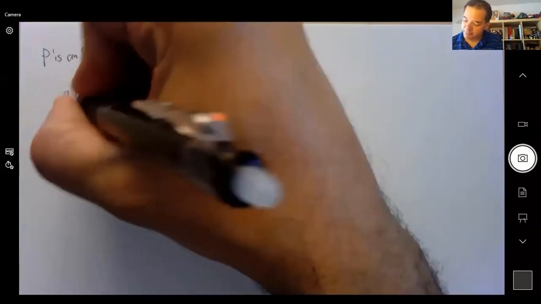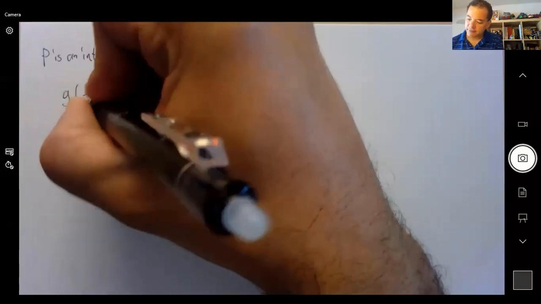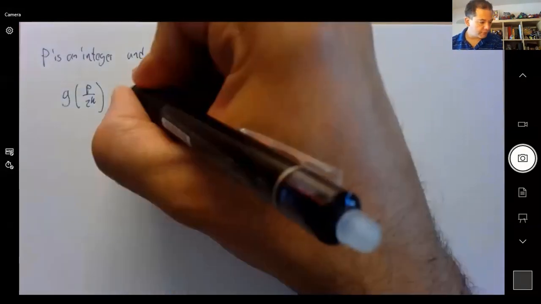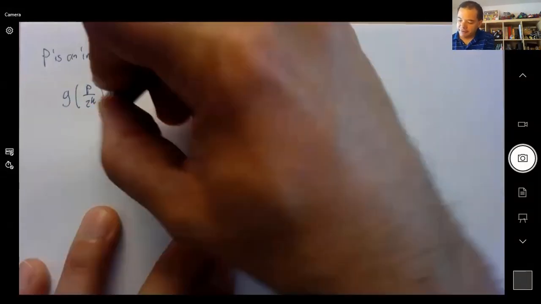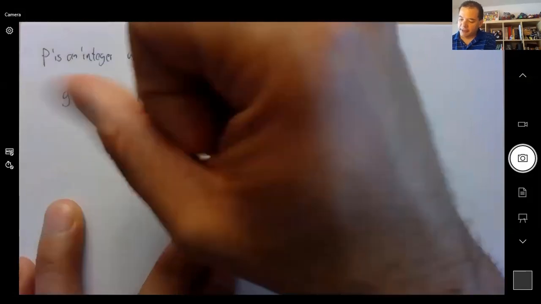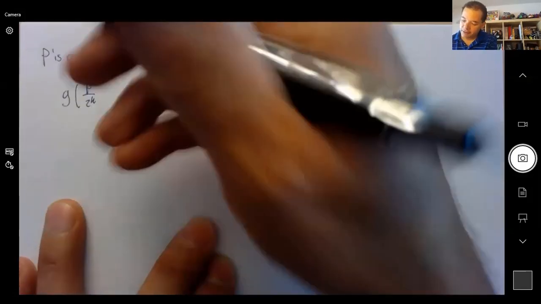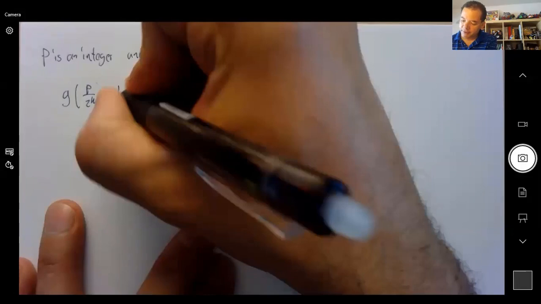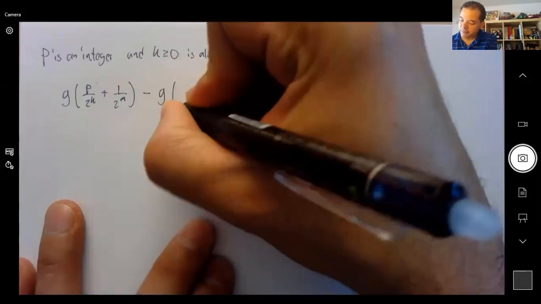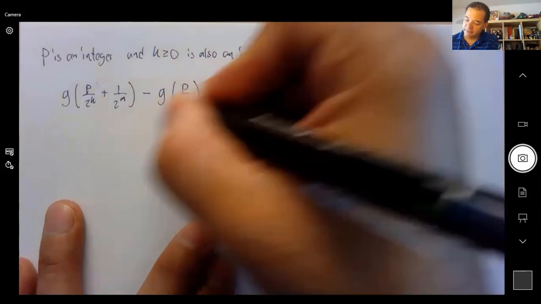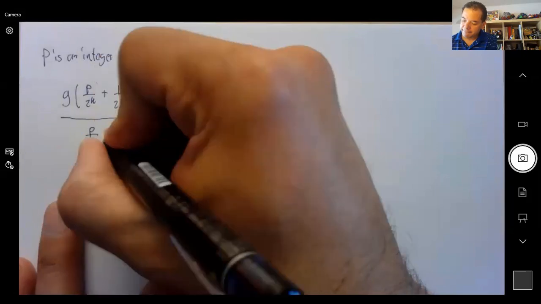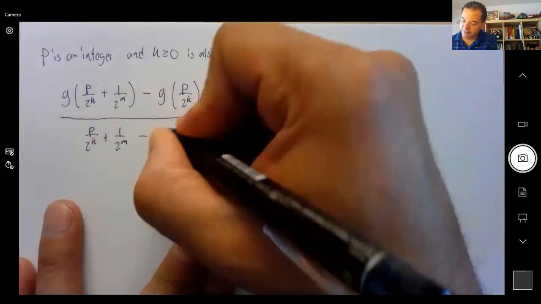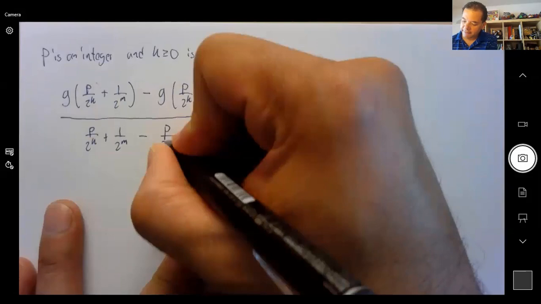And what we're going to be doing is looking at this g of p over 2 to the k plus 1 over 2 to the m minus g of p over 2 to the k, all of that divided by this guy minus this other thing.